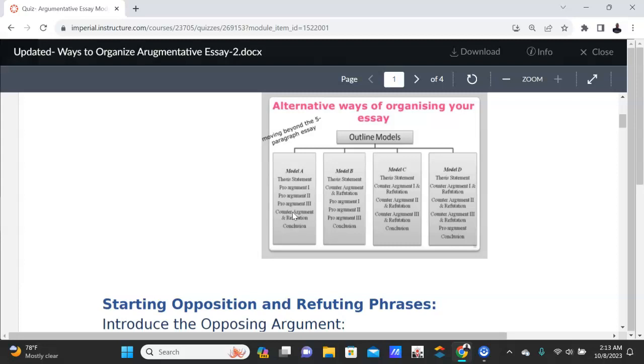So your point is the pro, the opposing point, or the people who would disagree with you are the con, the opposing. Okay, so what we're going to do is we're going to write a counter argument and we're going to refute as well. So how are we going to do that? Let's go into the prompt.